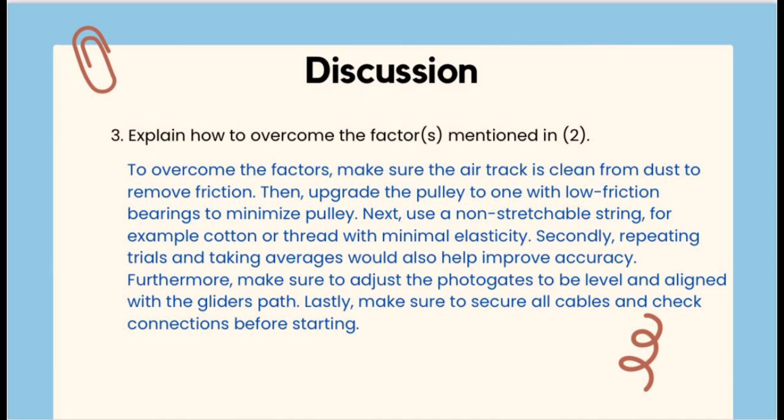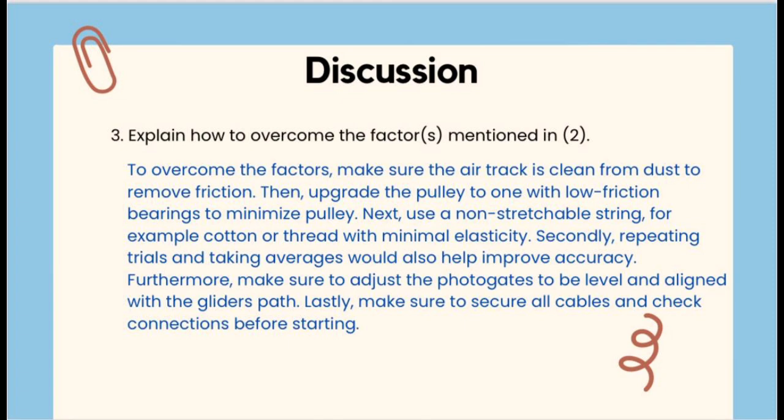The last question is, explain how to overcome the factors mentioned in 2. To overcome the factors, make sure the air track is clean from dust to remove friction. Then, upgrade the pulley to one with low friction bearings to minimize pulley resistance. Next, use a non-stretchable string, for example cotton thread with minimal elasticity.